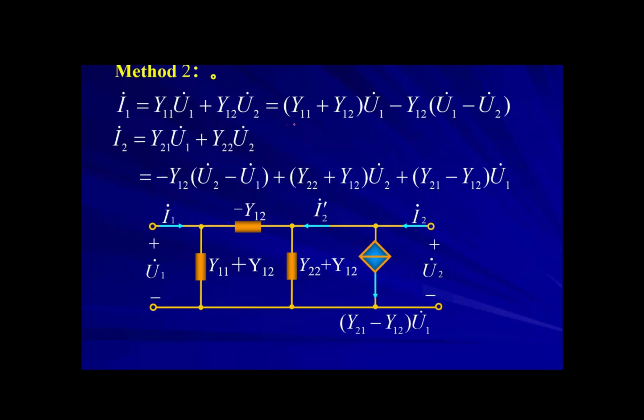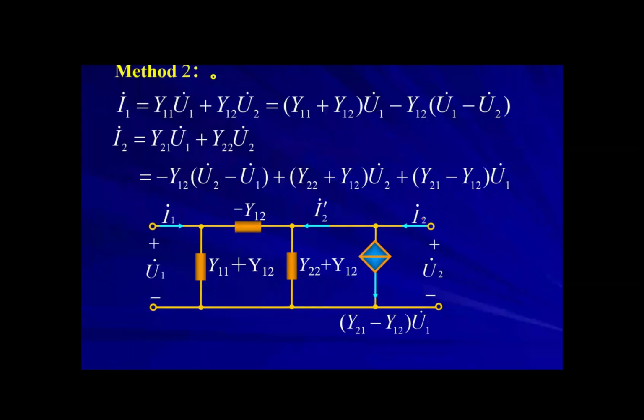Then from the first function, Y11 plus Y12 times U1 is this part current, and the minus Y12 U1 will be this impedance current, this part.